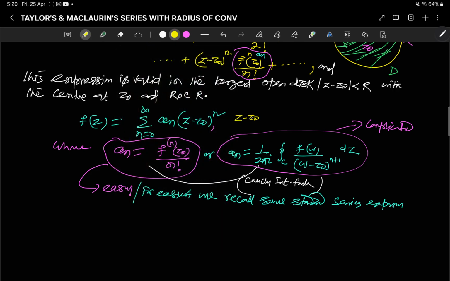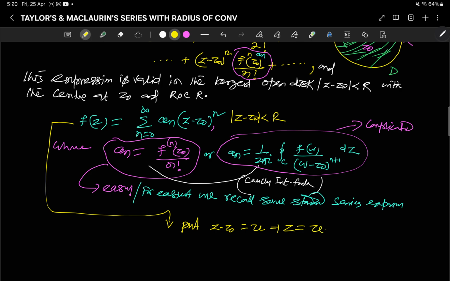Mod of z minus z0 is less than R. Now in view of this, if I put z minus z0 equal to u, then z is equal to u plus z0.